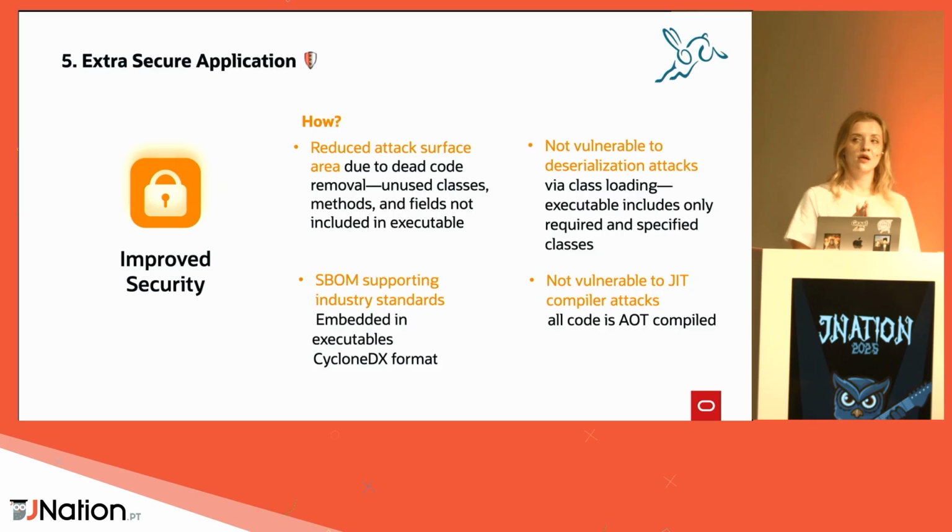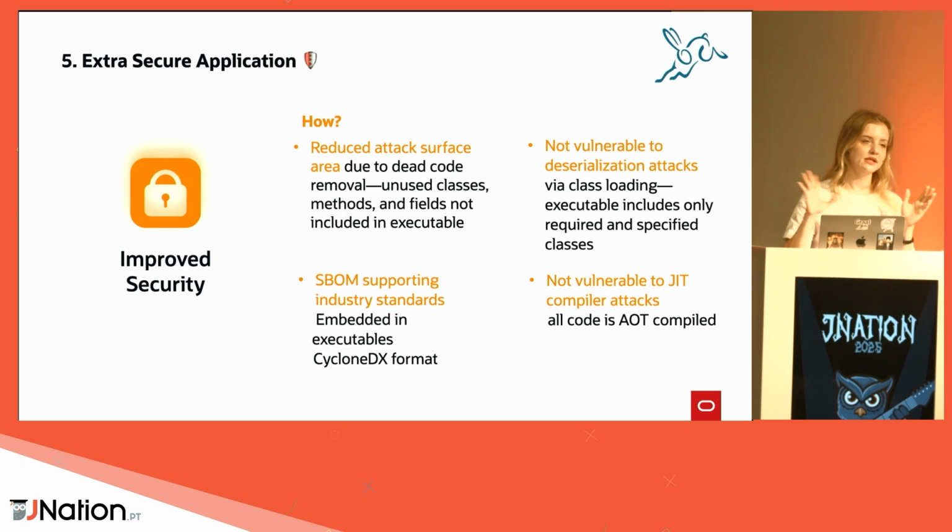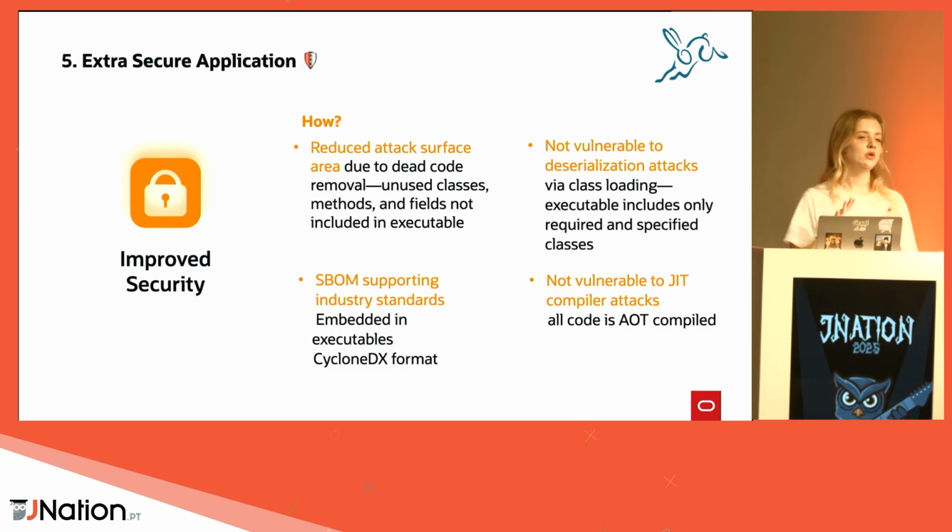So if there are some, let's say, JDK classes or dependency classes that you don't need, they will not be included in this native executable because we want to make it as slim as possible. And this means that in a way we are reducing the attack surface because there are just fewer things in the application. So there is less to attack and less to explore in your app.